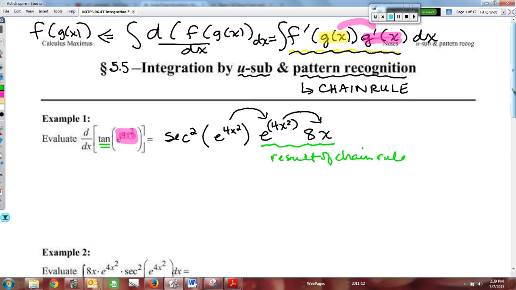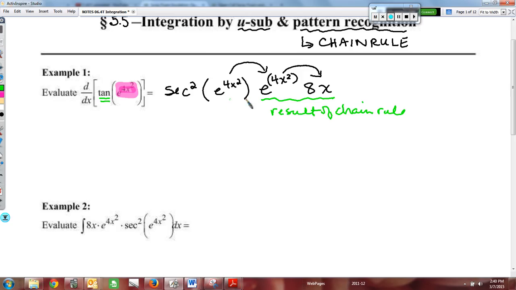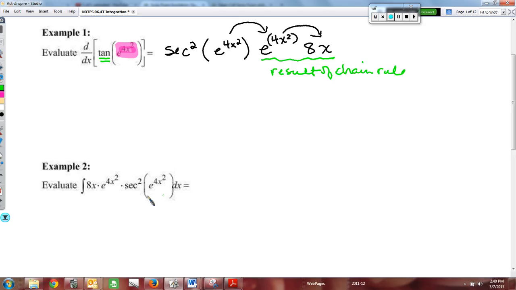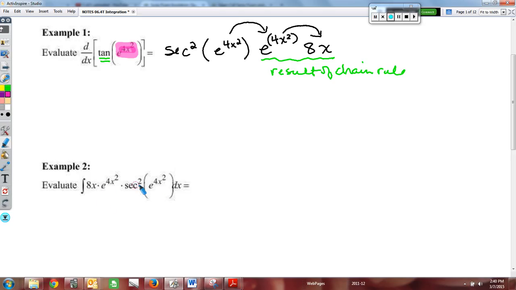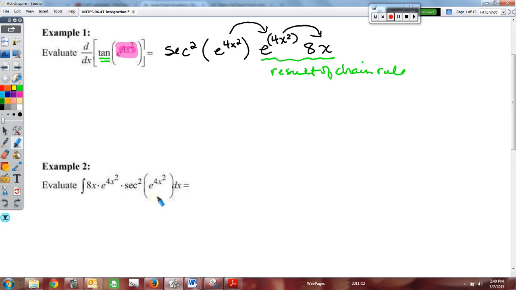So now we have to train our brain to recognize when we see something like this that there must have been some unpacking, that we want to see those relationships of what's there. So when you take a look at the problem down here, example 2, which is directly related to this, as you scan through here, you see that you've got a lot of stuff going on.